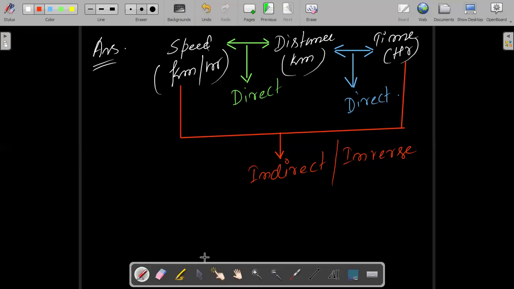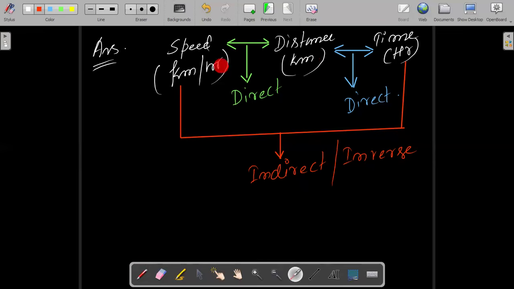But here is another twist. We will make this speed into here the speed. This is one element, distance is another element, and the third element is your time.